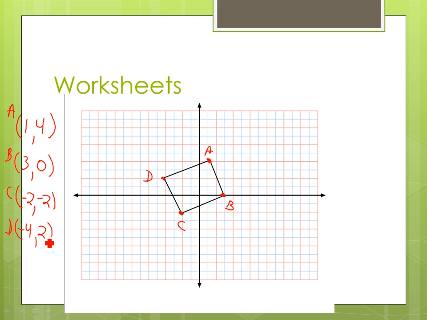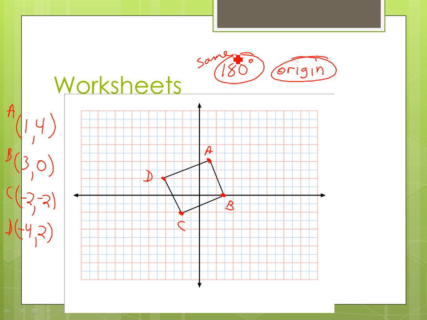Now our rule on the worksheet, it says you want to rotate this 180 degrees about the origin. So the origin, that's our center. So we know we're going around the center. This is our angle. And then our direction, which is clockwise or counterclockwise, they didn't tell us because it's the same for 180 degrees regardless which way you go.